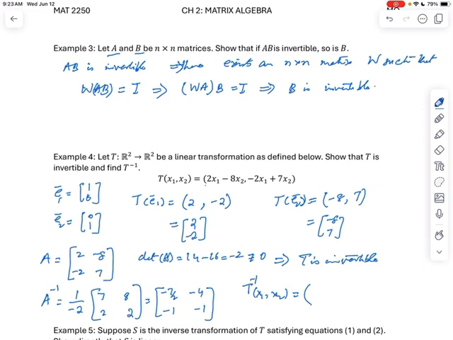So the first column gives us the coefficients of the x1 and x2. So it will have negative 7 over 2 x1 minus x2, comma. So the second coordinate will be negative 4x1 minus x2. So that is the inverse transform.